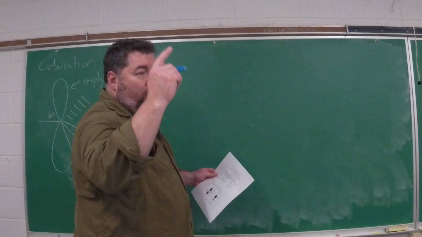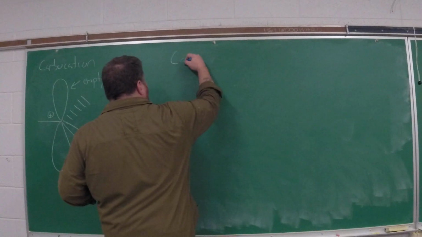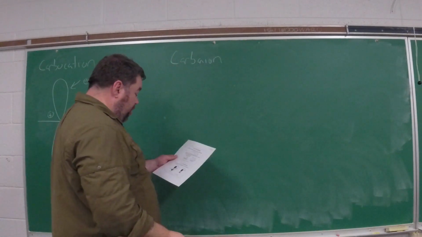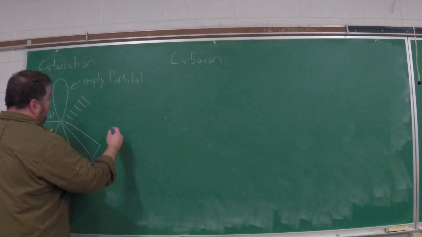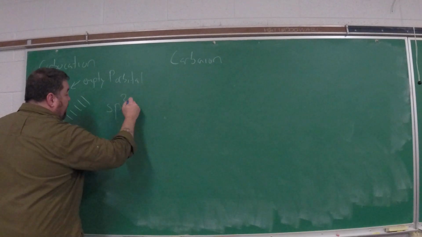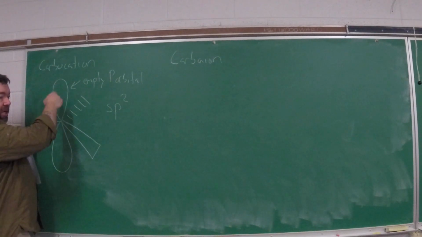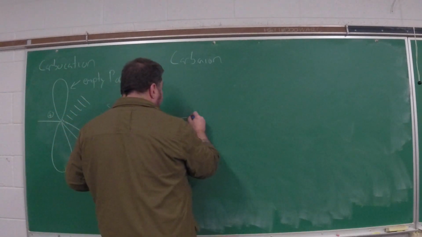We drew this a long time ago in the first part. Let's take a look at carbanion. What does that mean? A minus charge. Here we have sp3. So let me write this down here. sp2, the rest of these are sp2. This is an unhybridized p orbital. Here we're going to have sp3 hybridization.